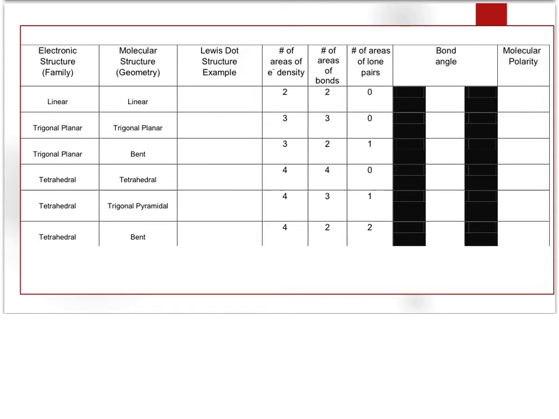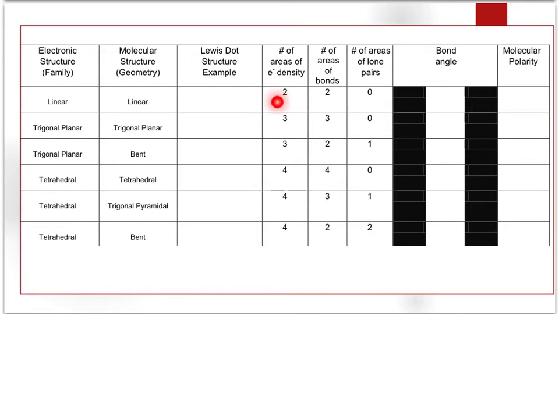So you have this table where we're going to look at the electronic structure, and then the molecular geometry, or electronic structure and molecular structure. Then we're going to look at examples of Lewis dot structures. Note that when we look at the areas of bonds and the areas of lone pairs, when we add those, we always get the total number of areas of electron density. So that's what we're going to be looking at.